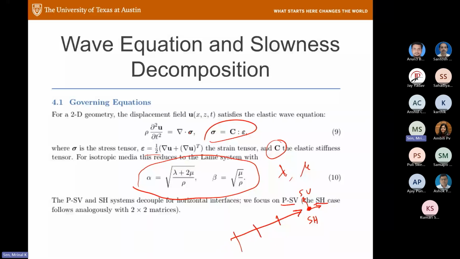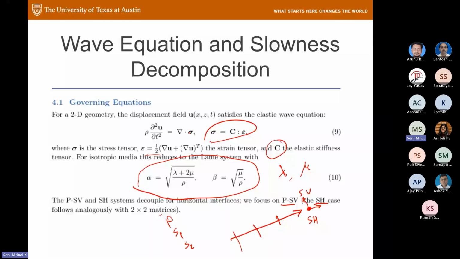And this is also true for the VTI case. But for a full anisotropic medium, there is no decoupling, and also the PSV and SH definitions do not quite hold there. So we have something called P, S1, and S2 because these are quasi S waves. At some angles, or some ray parameters, they can be pure SV or pure SH, but they are not in general. And this QP is generally denoted as QP.